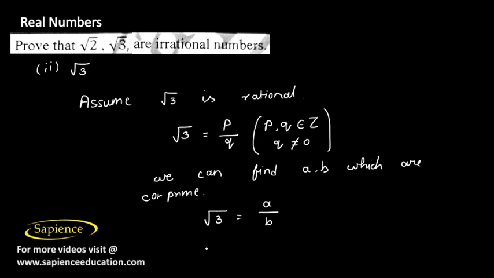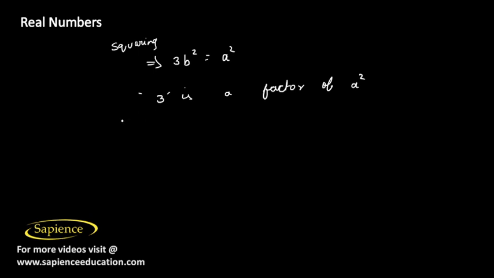So by assuming this, we can get root 3 into b is equal to a. So root 3b is equal to a, and squaring we get 3b square is equal to a square. So 3 is a factor of a square.